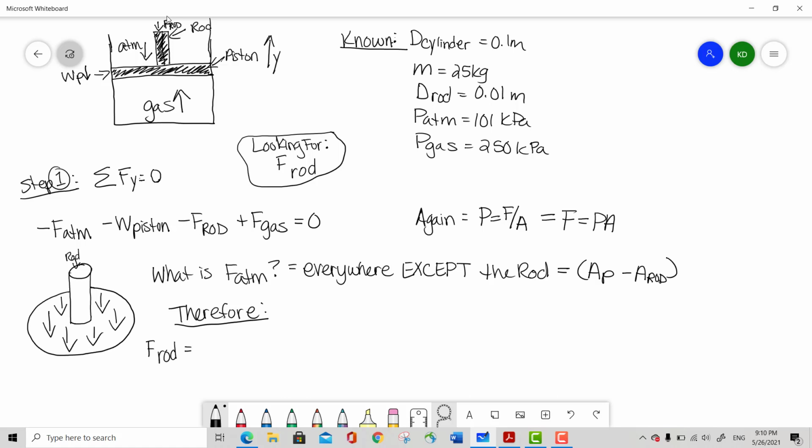So we've got, let's do P gas first, okay, times the area of the piston, and then minus, because the atmospheric pressure is going down, so we're applying it down.